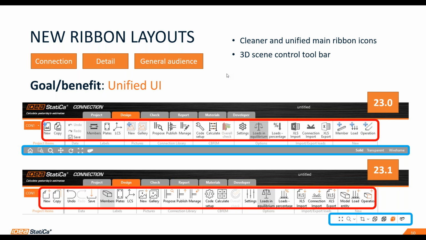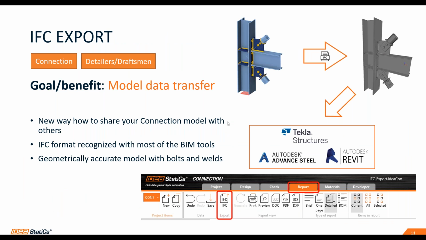And let's go on. Next big change or improvement that was really often asked for is the feature to be able to export our connection models into something else. You probably know that there is a possibility to use our web browser viewer to export into 3D DWG.